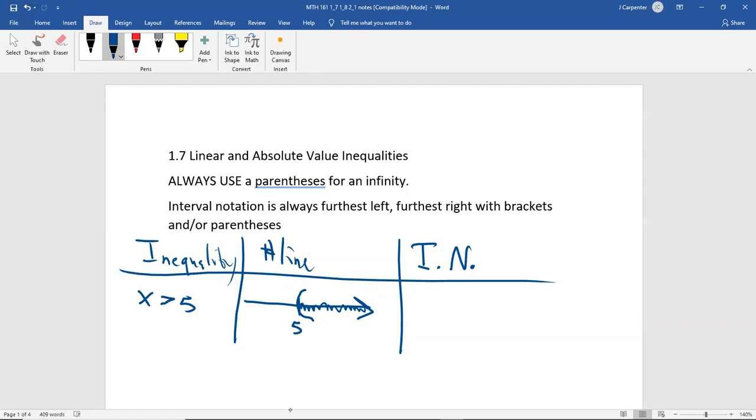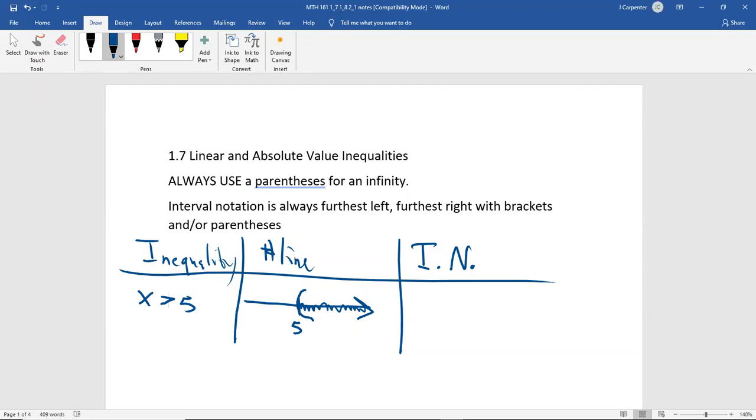Greater than or less than means that number is not included. So this is known as exclusive. It excludes the 5. 5.0001 would be included, but not 5. 5.0000000001 would be included, but not 5. So this parentheses is the symbol for saying 5 is not included.